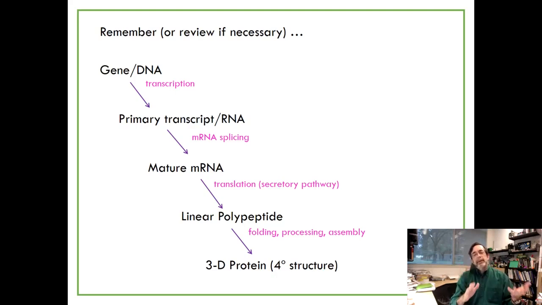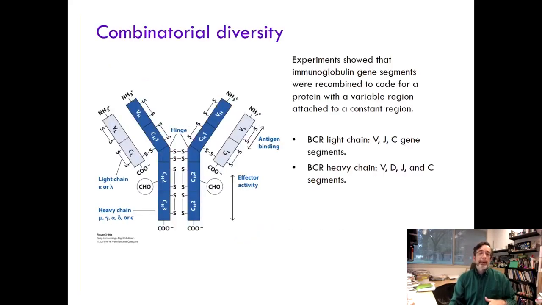This process of folding and assembly, and maybe some parts being cut out, proteolyzed out, is going to give you the mature protein. So you have immature and mature RNA, and you have immature and mature proteins at this level as well. I guess in a sense you have immature and mature DNA because you have the DNA of the liver that doesn't have any VC combination, and then you have the B cell DNA which has been recombined.